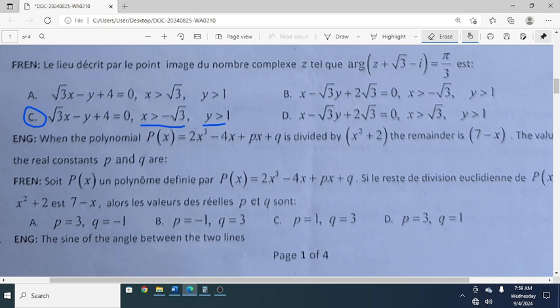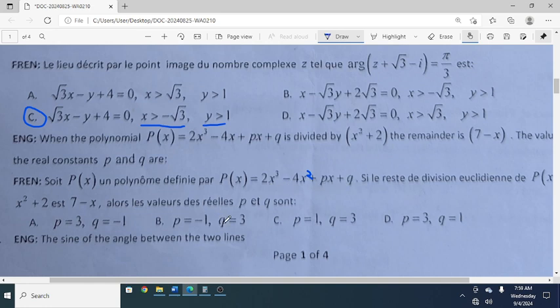First things first, I'm going to correct this polynomial, because it is very absurd to see 2x cubed minus 4x plus px. It does not make sense. So we are going to write this as negative 4x squared, so that at least the powers are decreasing. It now makes sense.